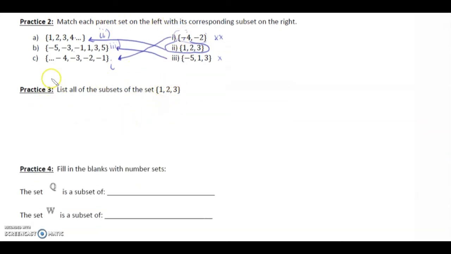Okay, practice 3. List all subsets of 1, 2, 3. So we could have a subset 1, a subset 2, and a subset 3. And those are all of the different subsets with 1 element in them. Then we could have 1, 2, we could have 1, 3, and we could have 2, 3. And those are all of the subsets that have 2 elements in them.